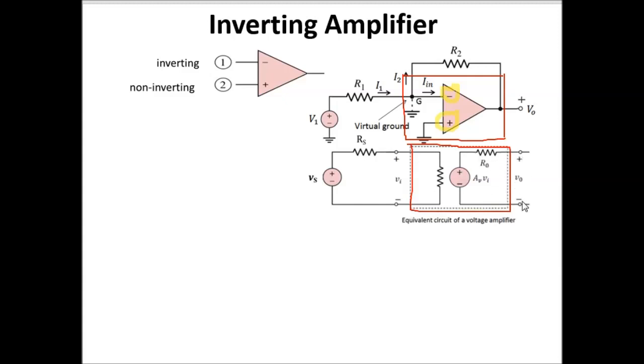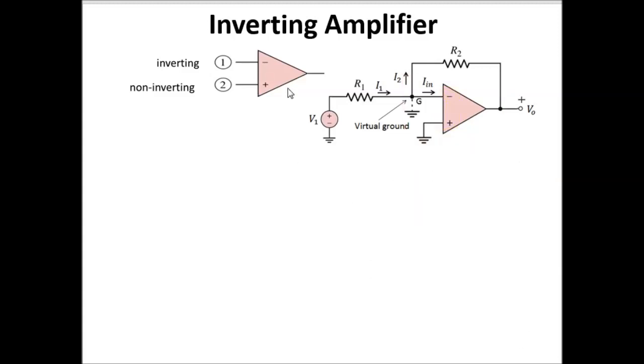This is the output signal, and you can see the input side is connected with your input signal. So Rs is your R1 here and Vs is your V1 here. So it's just a difference in the notation, but the concept is the same. Okay, so I'm gonna wipe this off.